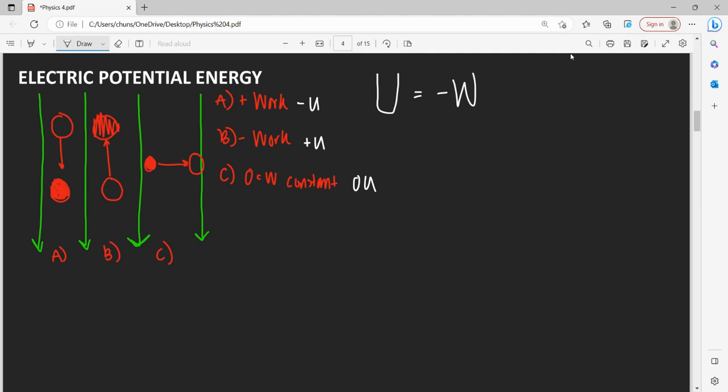So we use more energy going against our field in our example B. That's why it's positive compared to our negative electric potential energy going in the same direction, because we are losing energy. So our change is different, right? So we can define our change in U as our final minus our initial.